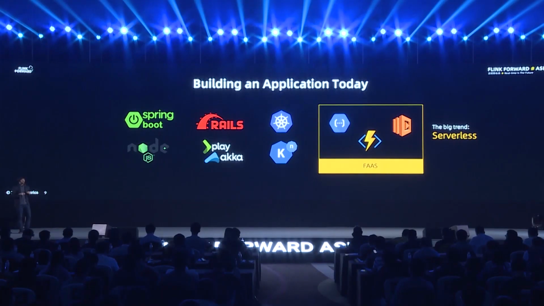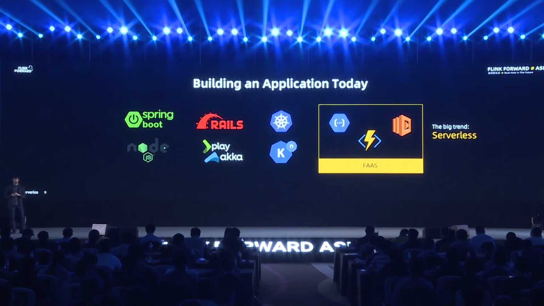You may know Azure Functions, Amazon Lambda, and so on. I don't want to talk about these technologies in particular, but they stand for a common type of infrastructure, which is serverless functions as a service.